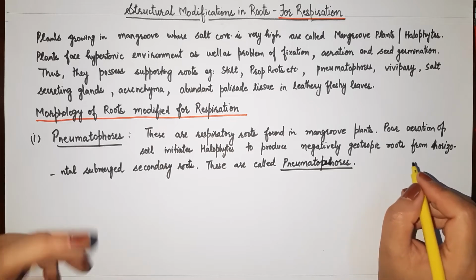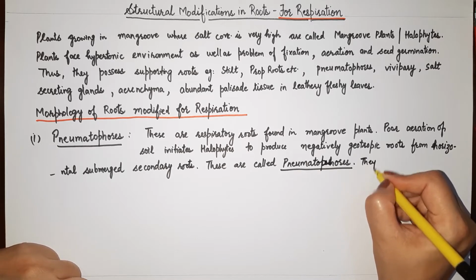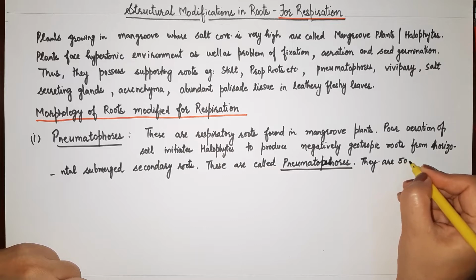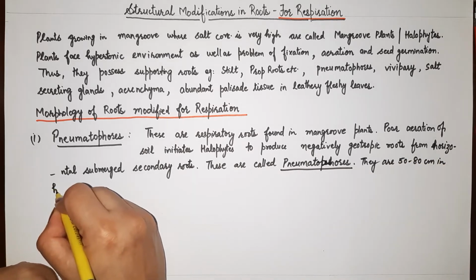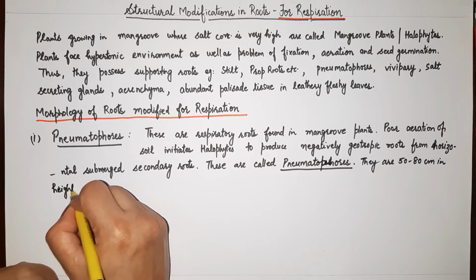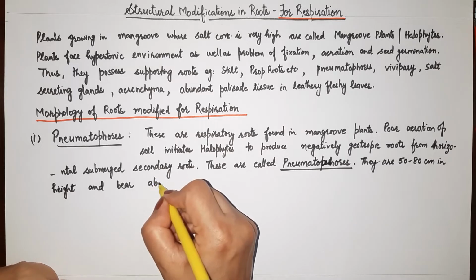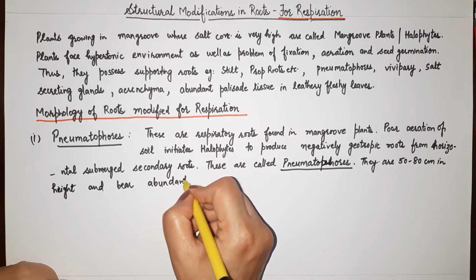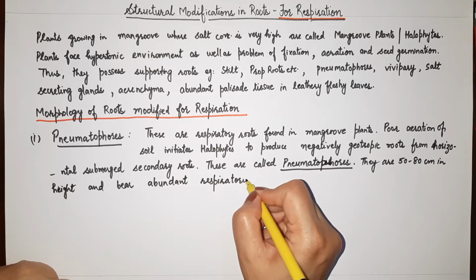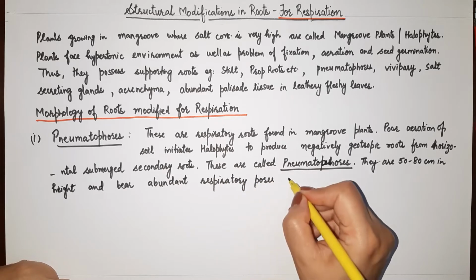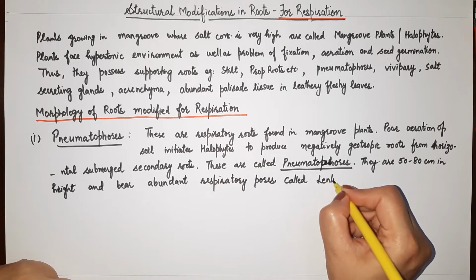Now their height, their basic structure: they are 50 to 80 centimeters in height and bear abundant respiratory pores called lenticels.